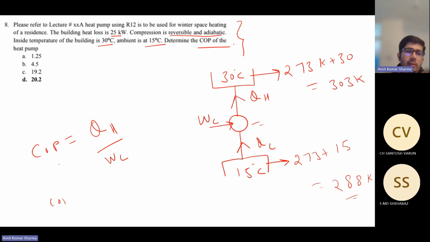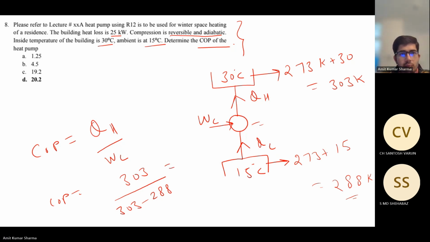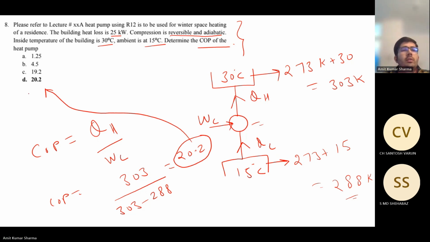So COP will be the desired temperature, 303, upon the difference between the temperatures. 303 minus 288 will be how much, Varun? It will come to 20.2. So this is your answer D.